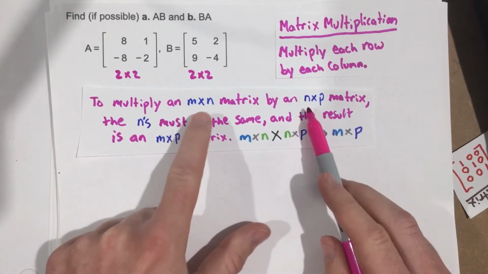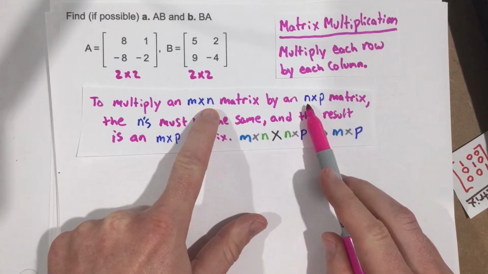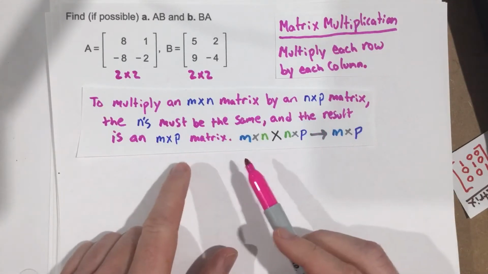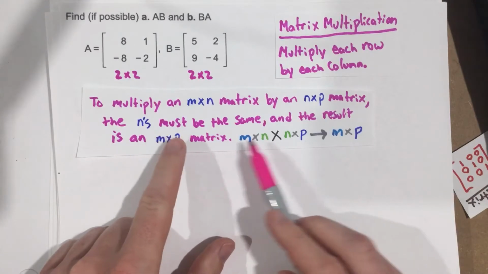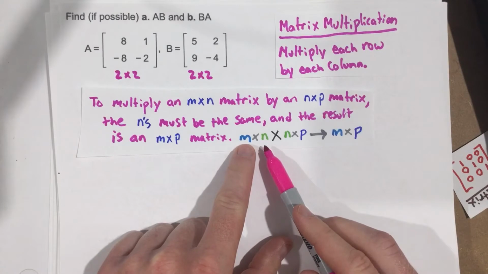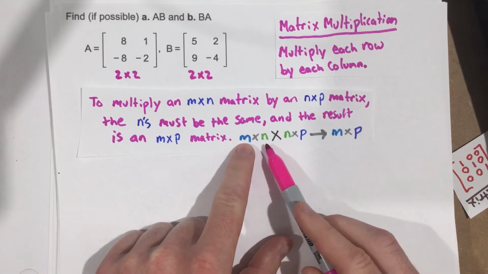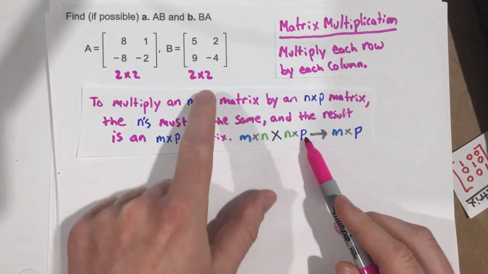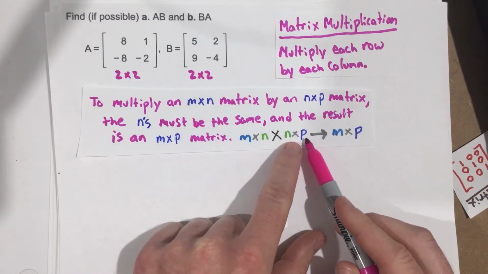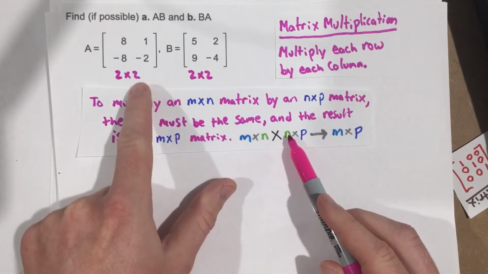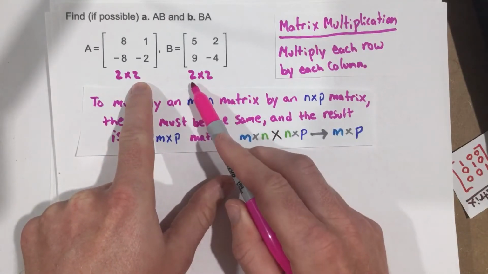And so if those two things match, the columns and the rows, then we can actually do the multiplication. You'll see down here that the ends are the same and the result is an m by p matrix. If I take the first matrix, m by n, and multiply by the second matrix, which is n by p, the ends have to be the same, so that's the middle two numbers.